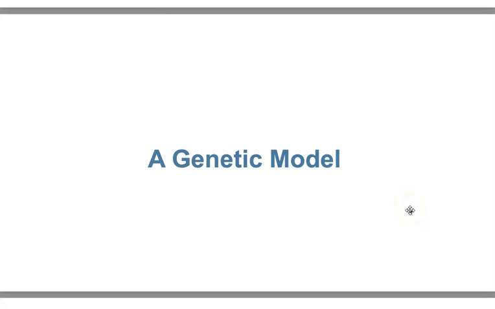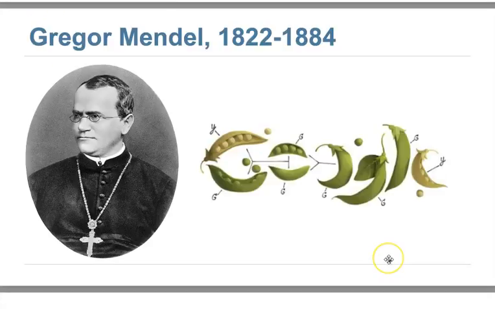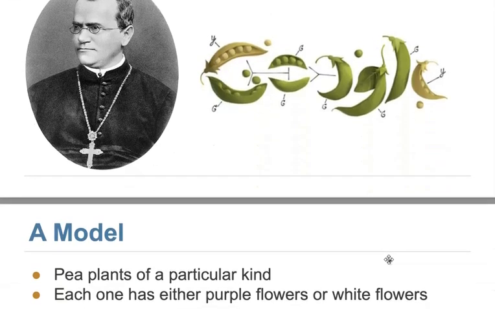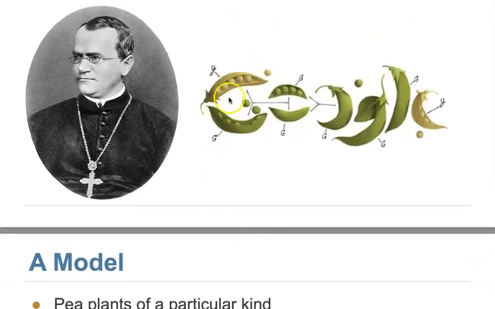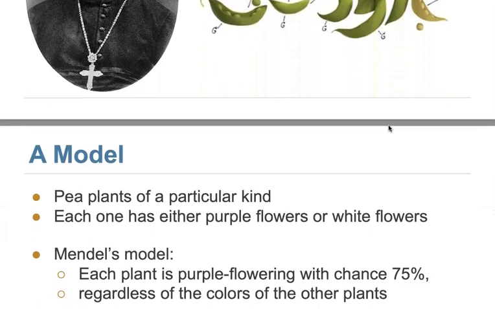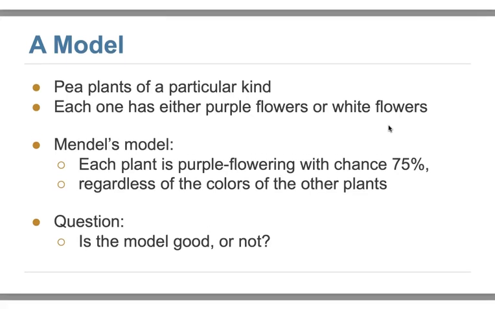The next example will be a little different. We will have a genetic model. This model is from Gregor Mendel, around 1850, and it is about pea plants of a particular kind.